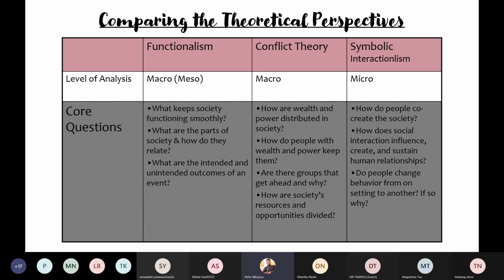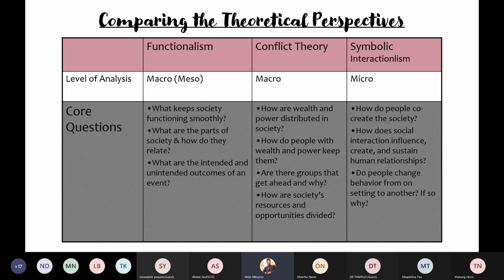And we say that society needs to always have value consensus or a state of equilibrium for things to function smoothly, which means all your social institutions need to be in a state of equilibrium. And we say that when there is one sense of disequilibrium or dysfunction in that section of society, we are going to have other social institutions, other parts of society being affected. So that is what functionalism looks at.